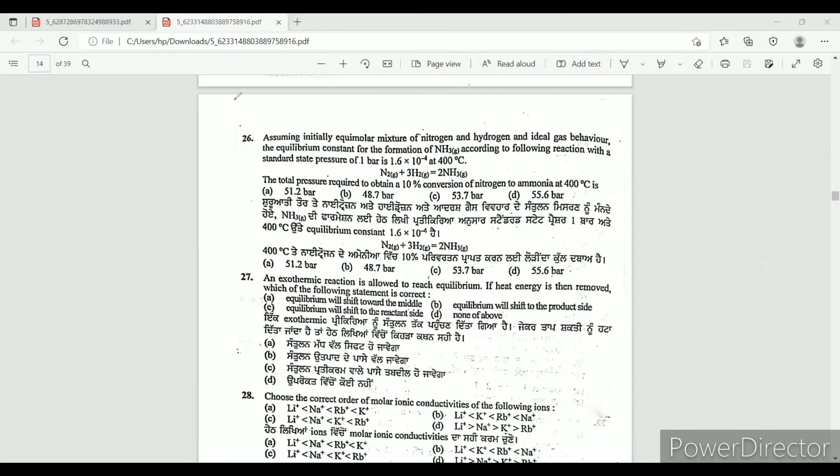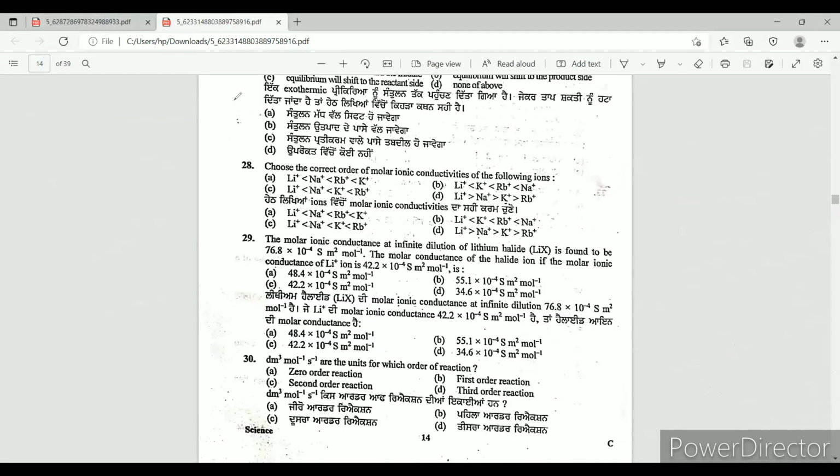So moving to the next one, 28th question. The 28th question says, choose the correct order of molar ionic conductivities of the following ions. We know that they all are members of the same group: lithium, sodium, potassium, and rubidium, right?